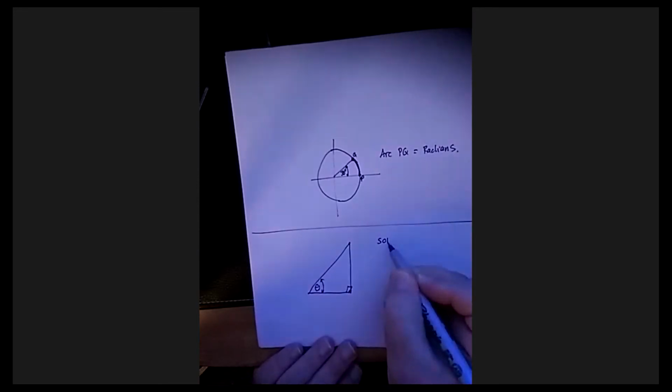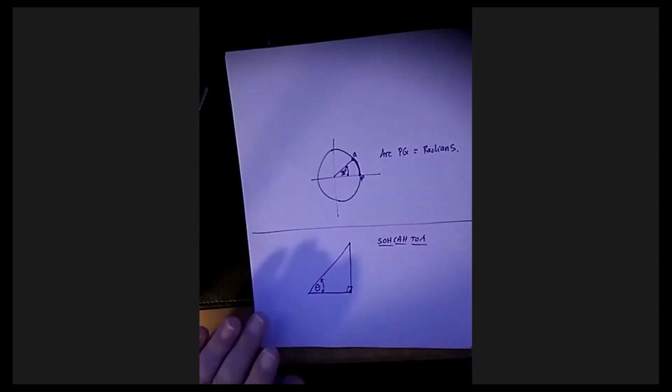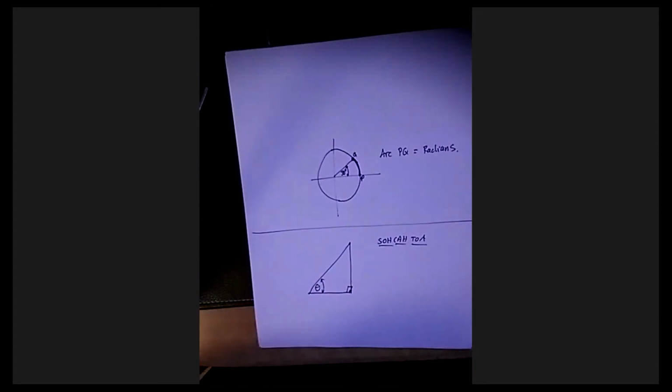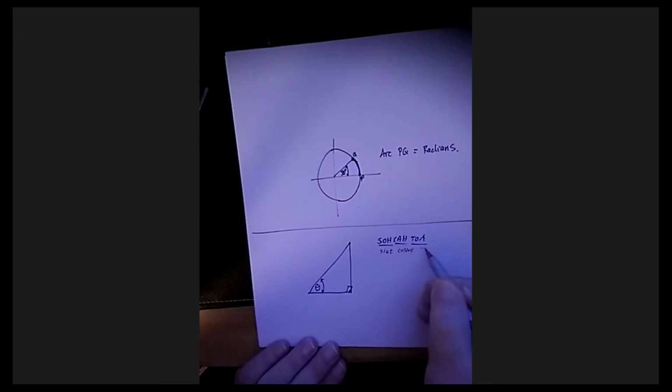Then when you do SOHCAHTOA, what that allows us to do is to name or to calculate the 6 trig ratios. This one actually gets us the sine. This one here gets us the cosine. And that last one there gets us the tangent.